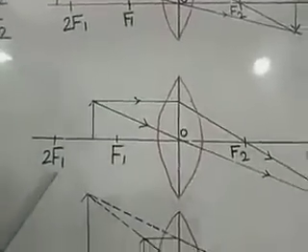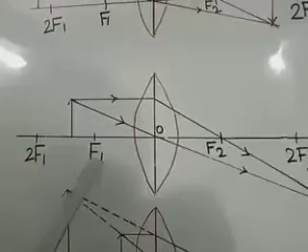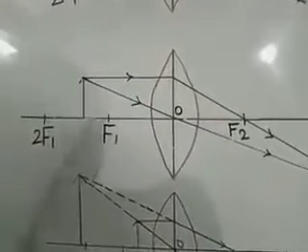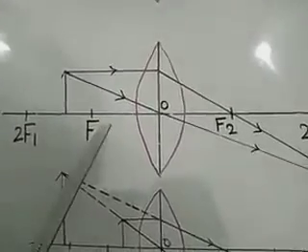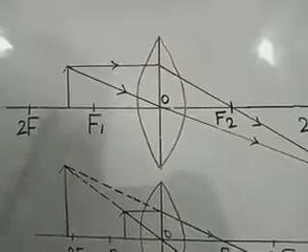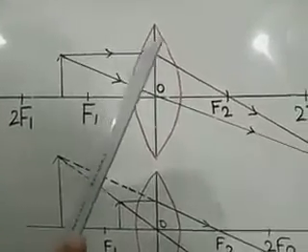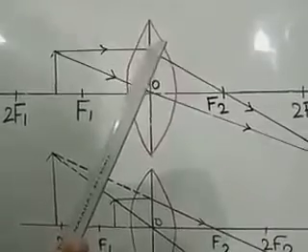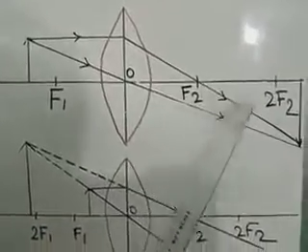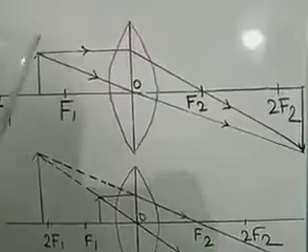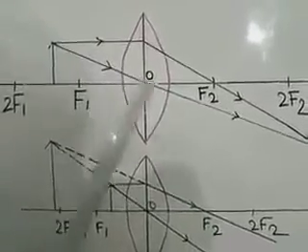Next, point number 5: when the object is placed between f and 2f. One ray will be parallel to the principal axis. After refraction, it will pass through the principal focus. The second ray will pass through the optic center.